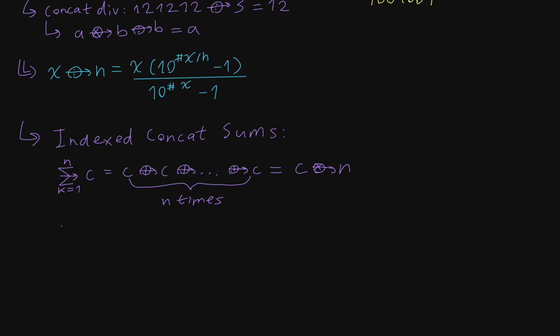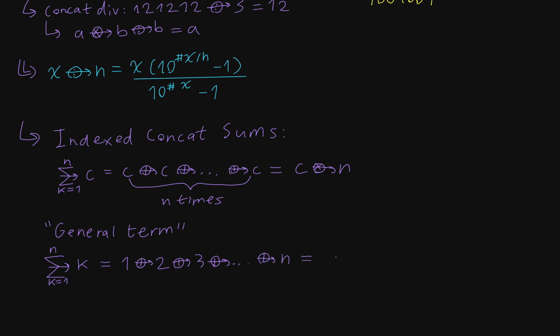However, there's also a general term, I'm going to put this in quotes. You know how there is the unit summation where you just have your k in there, and then the unit product where you also have your k in there. Well, there's also this form here. If we have the concat sum, k equal from 1 to n of k, this is basically going to be 1 concat 2 concat 3, basically all the way until concat n, right?